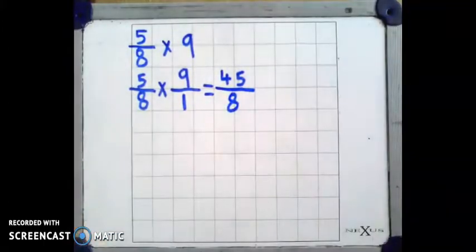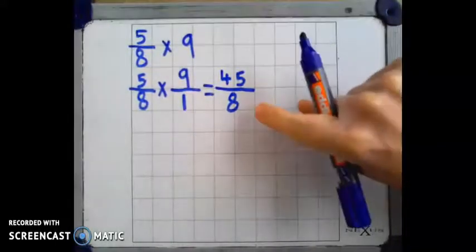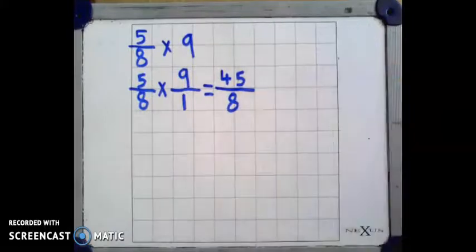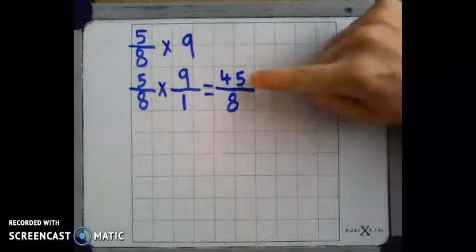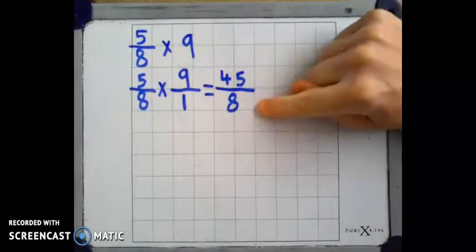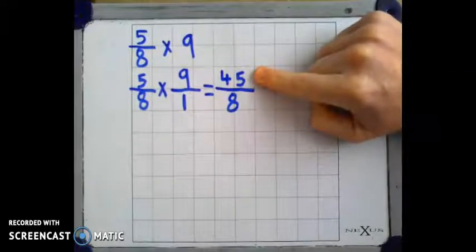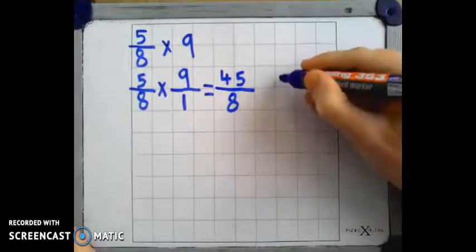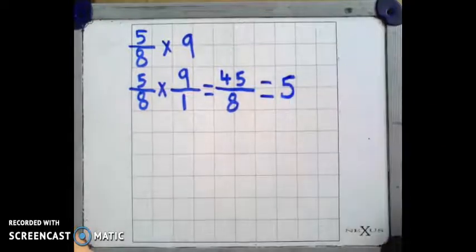If we haven't been asked to show our answer as a mixed number, then we have solved the calculation. However, if we have been asked to show it as a mixed number, we need to go on to step 4. And step 4, we divide the numerator by the denominator. How many times does 8 go into 45? Well, 8 goes into 45 5 times. That becomes our whole number.